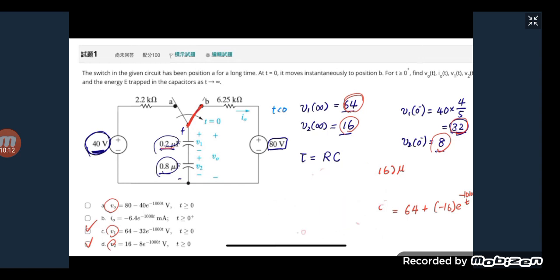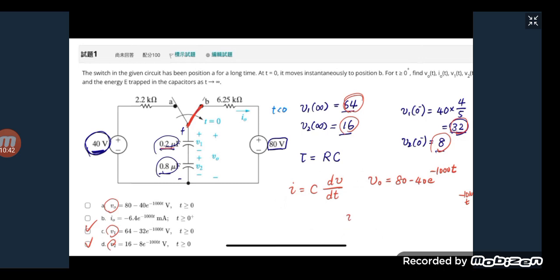And finally, I is equal to C times the time derivative of V. So I think you can choose any one to find I. So for example, we see that VO is equal to 18 minus the exponential term.